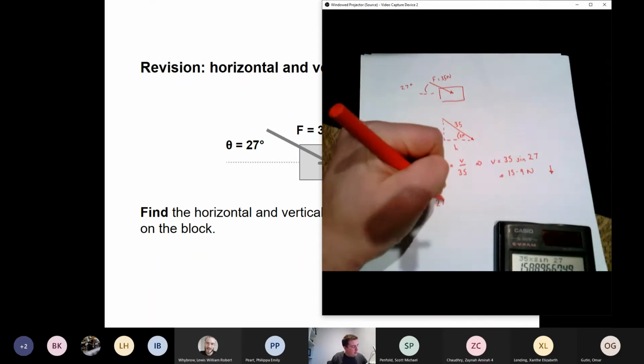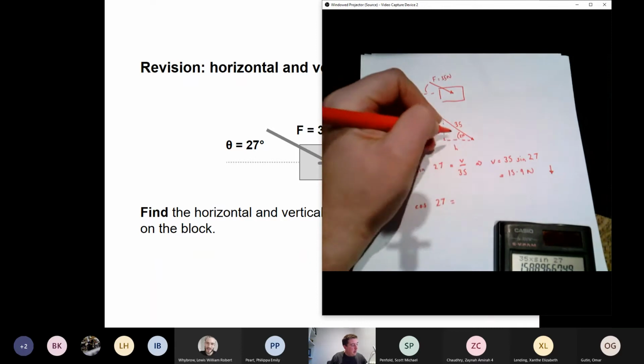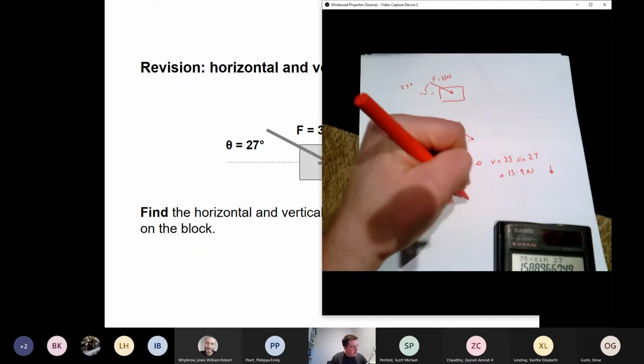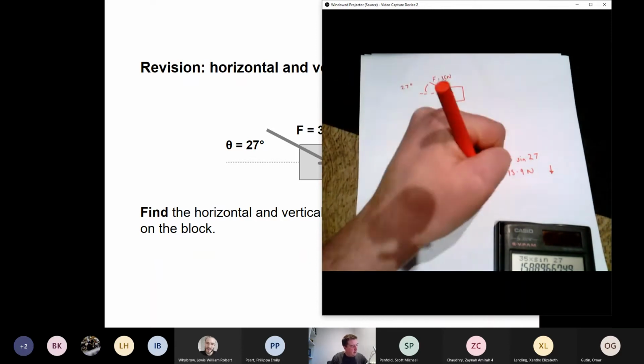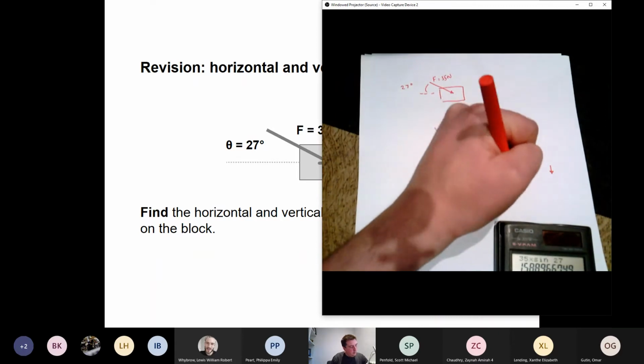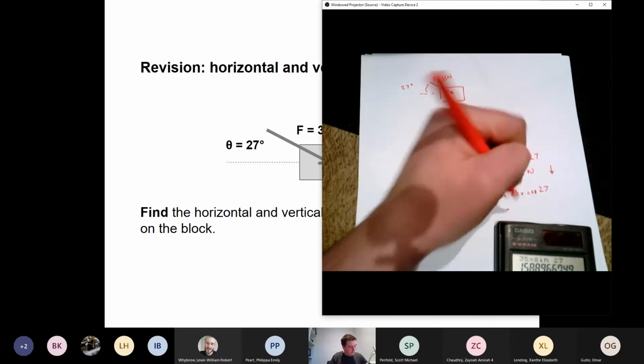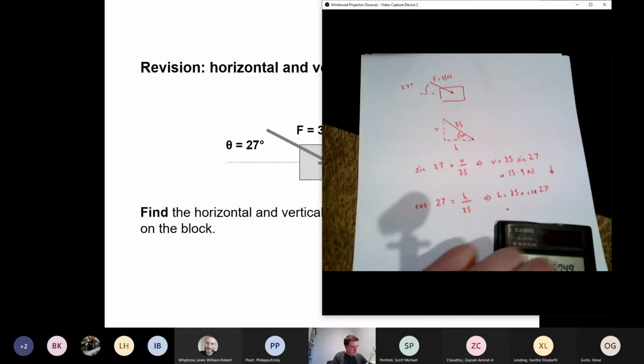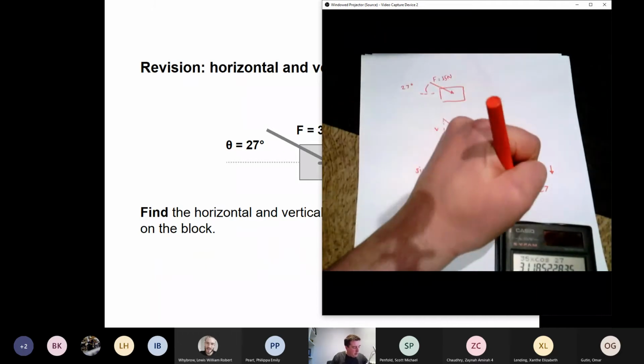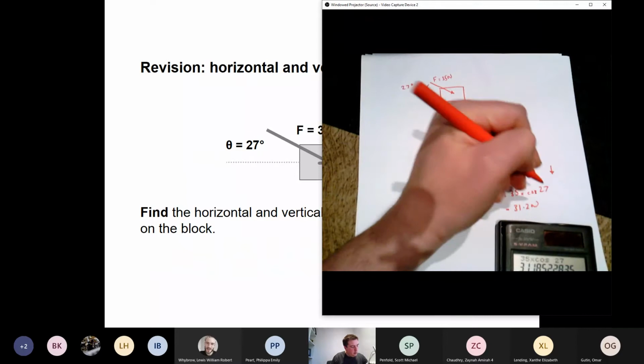Similarly, I can say cos 27 is going to be adjacent over hypotenuse. That's H over 35 here. H is going to be 35 times cos 27, which is 31.2 newtons.